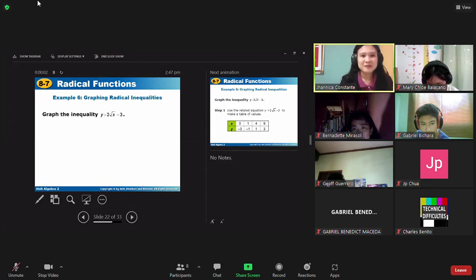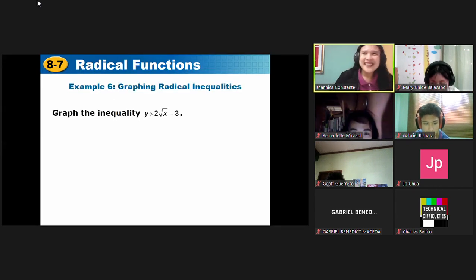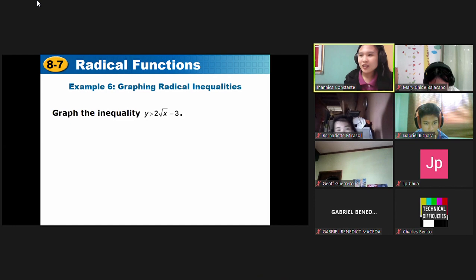So let's proceed in graphing the inequality radical function that we have. For example, we have the radical inequality function, which is y greater than 2 square root of x minus 3.